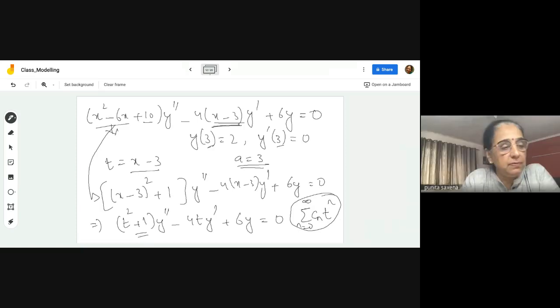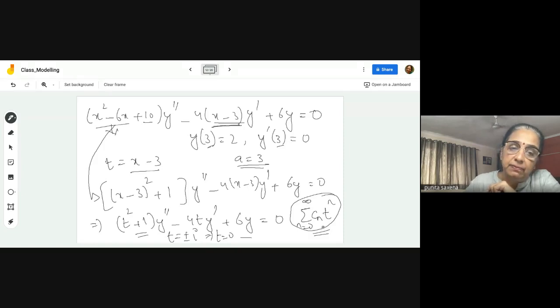Yes, ma'am. So basically, given this, we can conclude that t equal to plus minus iota are the singular points, which implies that t equal to 0 is an ordinary point. We have to be sure that whatever series solution we are finding is about an ordinary point.